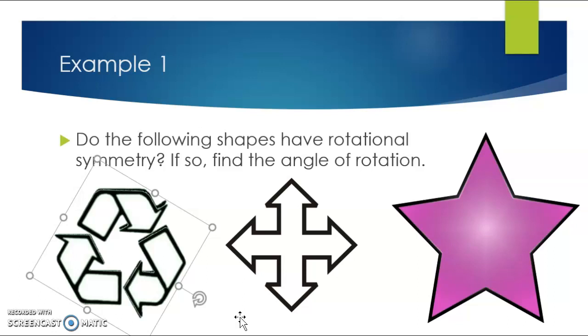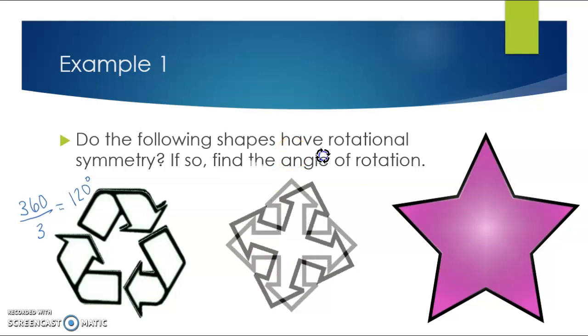Well, I'm thinking about it this way, I rotated it a third of the way around the circle. So I'm going to say, okay, there's 360 degrees in a rotation. Divide that by 3, and that would give me 120 degrees. So the angle of rotation is 120 degrees because that's how much I rotate it before I get back to the original shape.